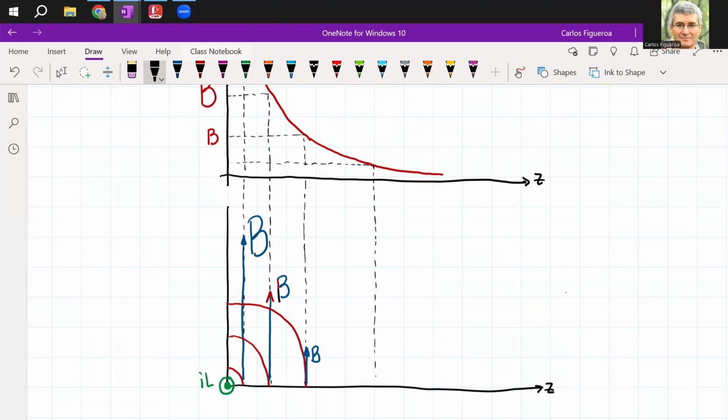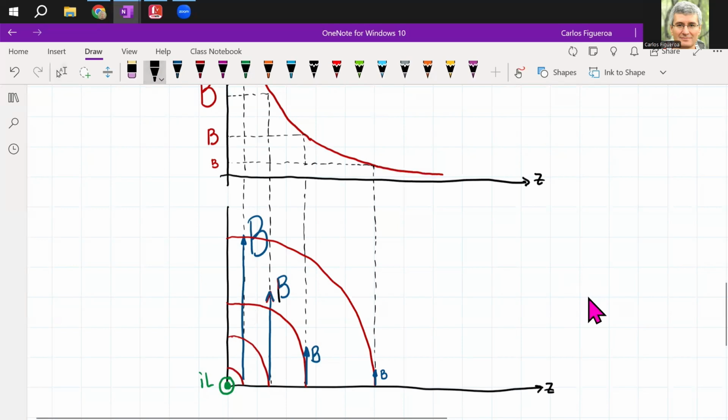You're seeing here that the field lines are really getting farther away, and that's because the magnetic field is now smaller. So in this case, this guy is now smaller. That's what we mean by the field falling off with distance.